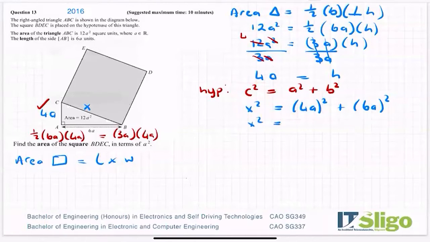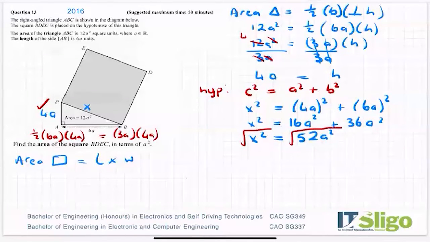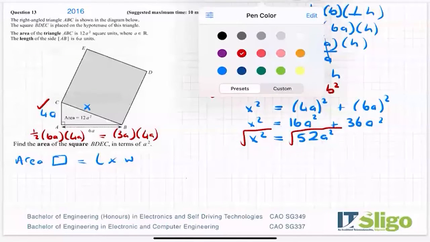X squared is equal to, if I square 4, 4 4s are 16, a by a is a squared. 6 squared, 6 6s are 36, a squared. So I'm getting x squared is equal to 36 and 16, which is 52, a squared. And then to go from x squared to x, which is the length of the side, you would use the square root.